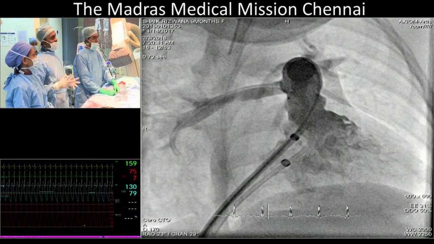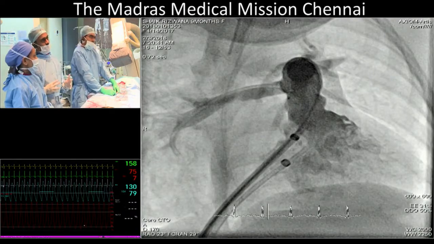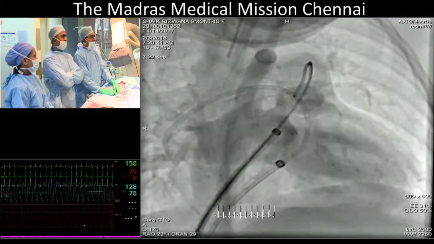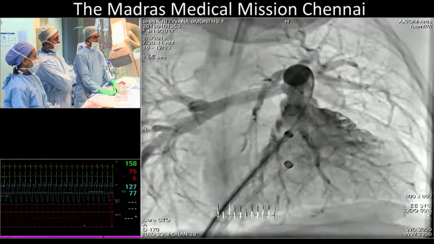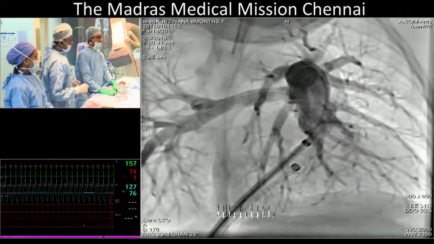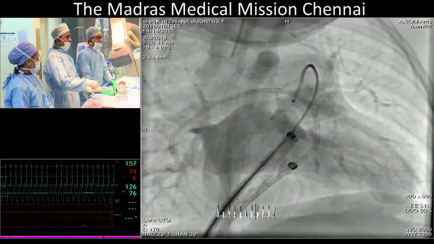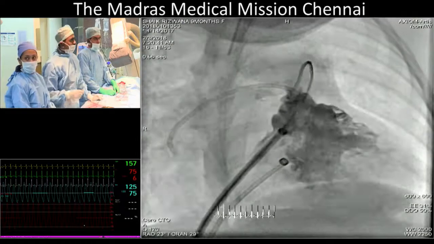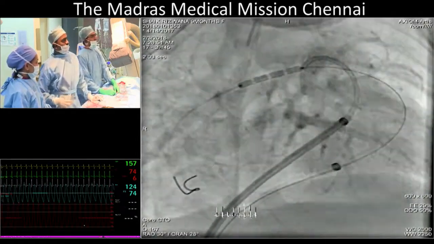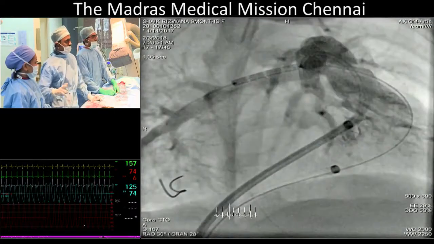So now the issue was that at that moment the RV was going marginally above the systemic pressure, and you were actually watching that. So what we did next was take a Formula 418, 8 by 16. Next.